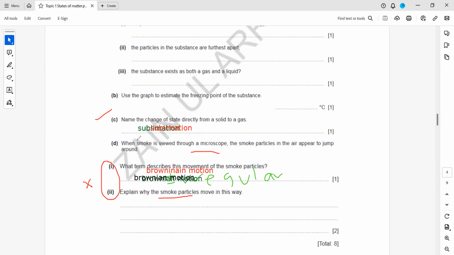For example, if the same question was there in physics, why do the smoke particles move in this way? You'll mention the lighter air molecules collide with heavy smoke particles, or dust particles if it was dust, and cause random motion.